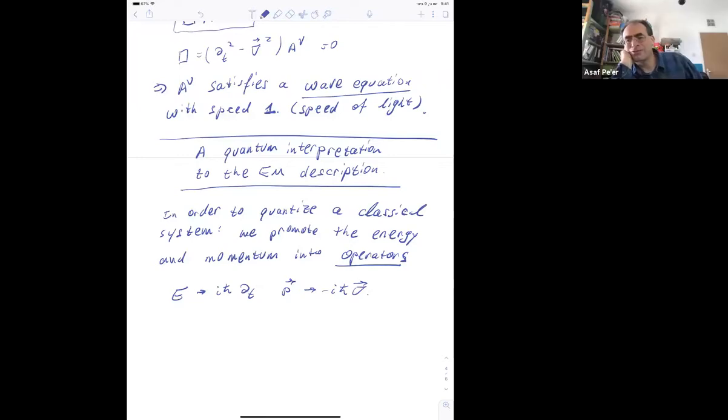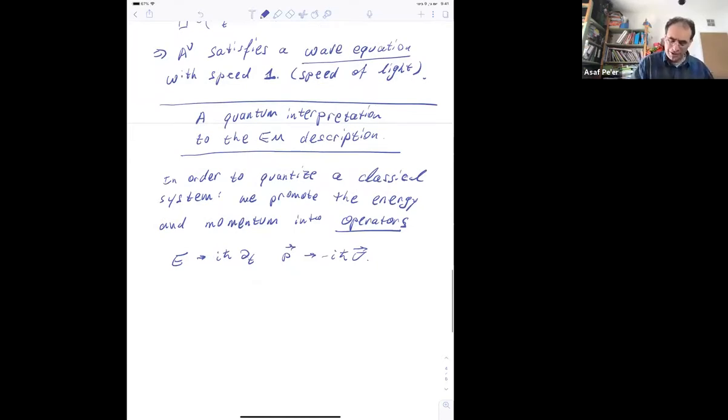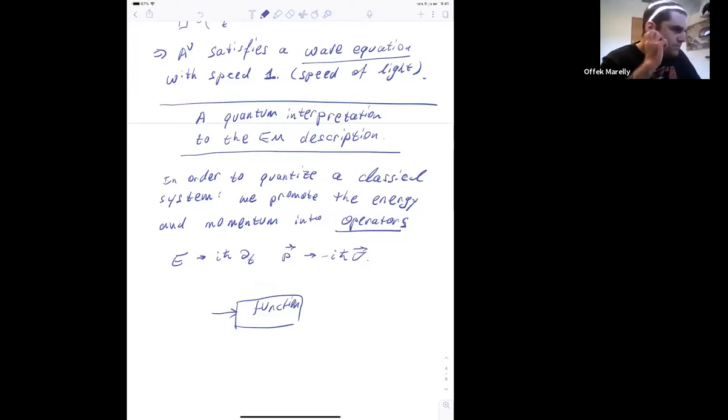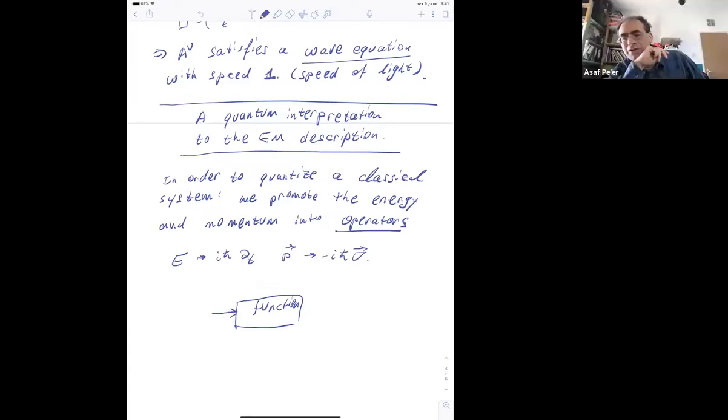No, a function for me is a box. I'm surprised how this is not often discussed properly. Well, a function for me is a box. This is a function. What enters the box?